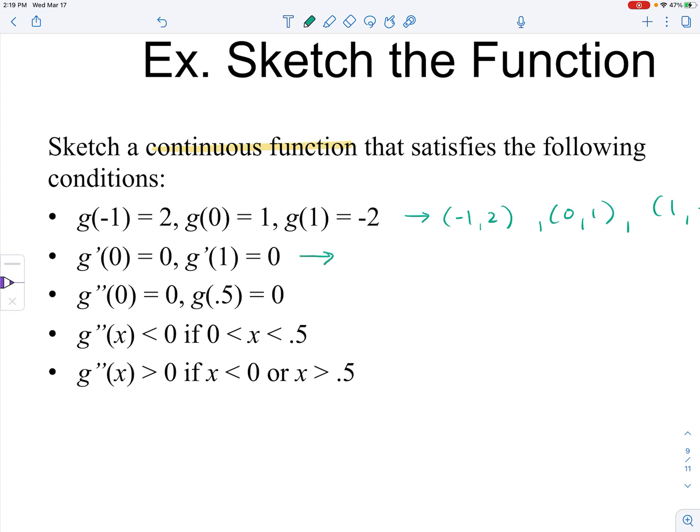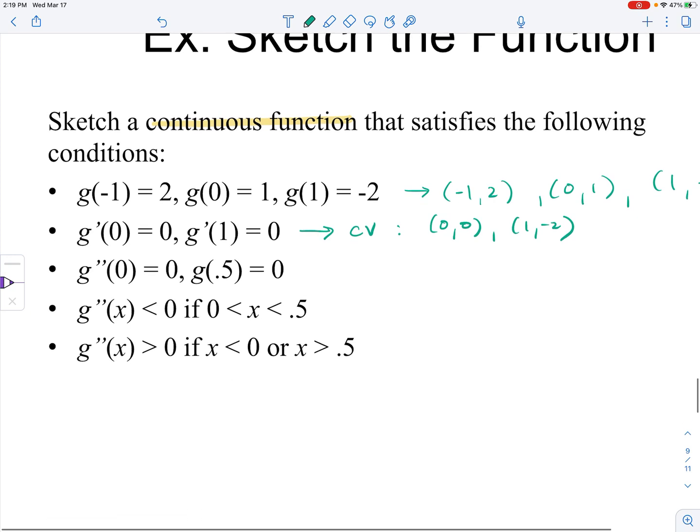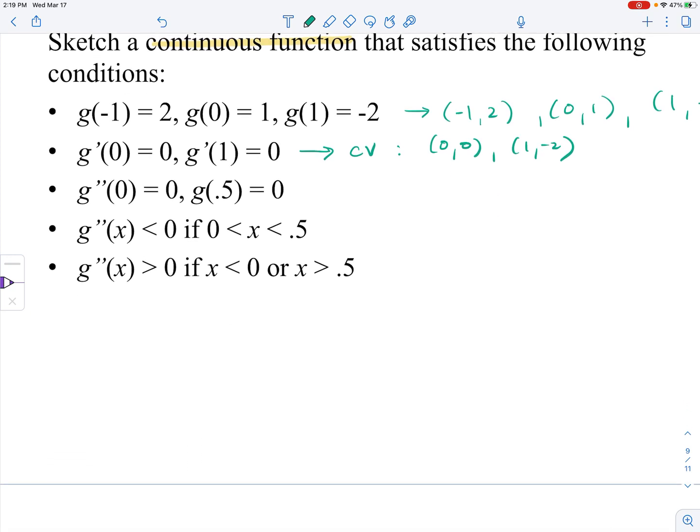So 0 and 1 are critical values, or critical points, since we know the actual points (0, 1) and (1, -2). So that means those 2 points might be local extrema, and we have to see. They might not.